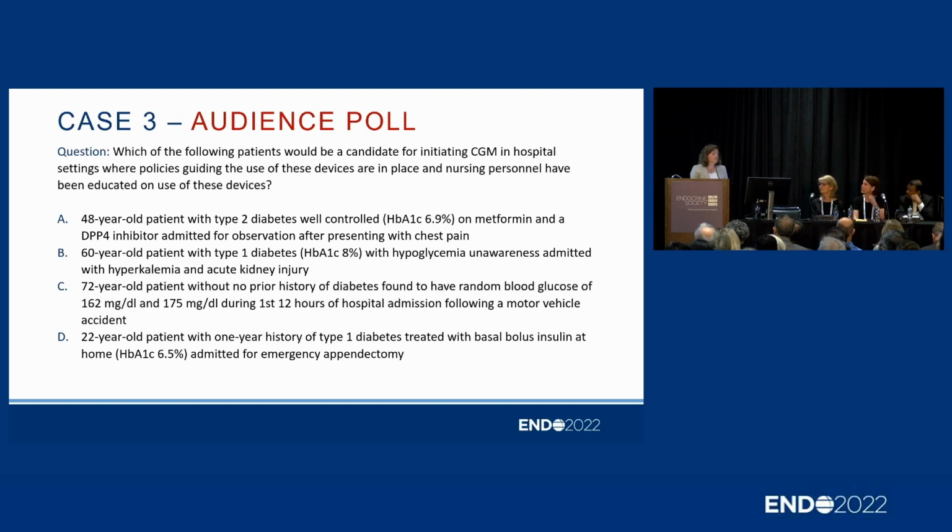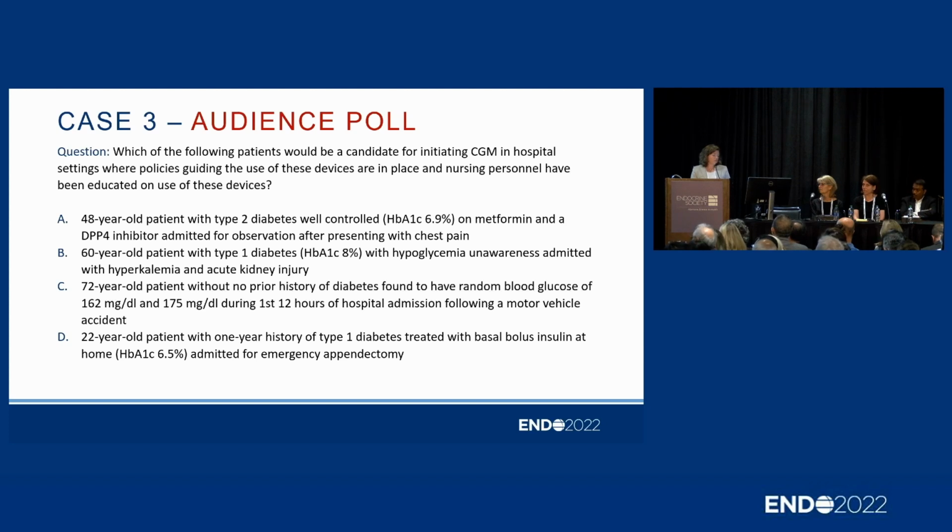So which of the following patients would be a candidate for initiating continuous glucose monitoring in the hospital where policies guiding the use of these devices are in place and nursing personnel have been educated on the use of the devices? A, a 48-year-old patient with type 2 diabetes well-controlled on metformin and a DPP-4 inhibitor admitted for observation after presenting with chest pain. B, a 60-year-old patient with type 1 diabetes with hypoglycemia unawareness admitted with hyperkalemia and acute kidney injury.